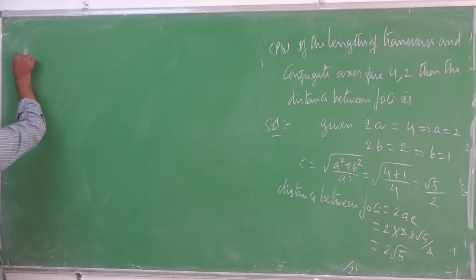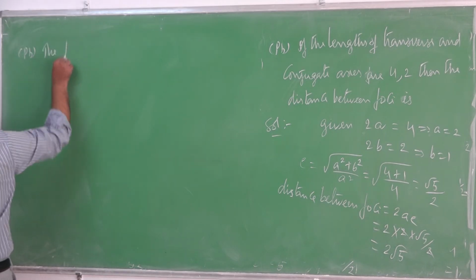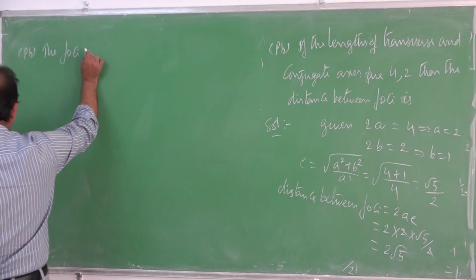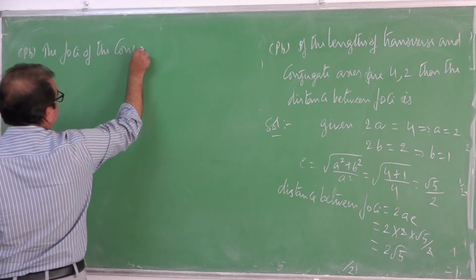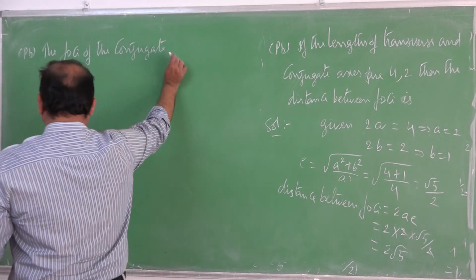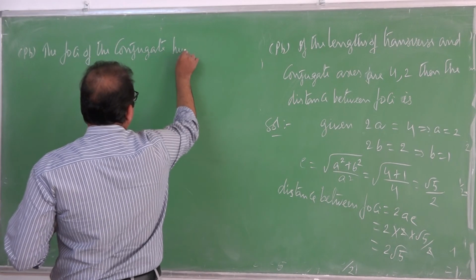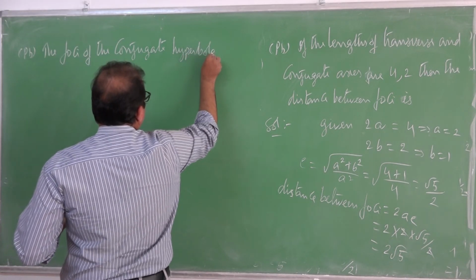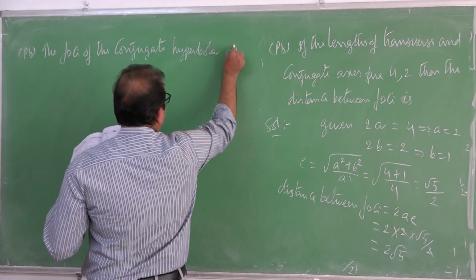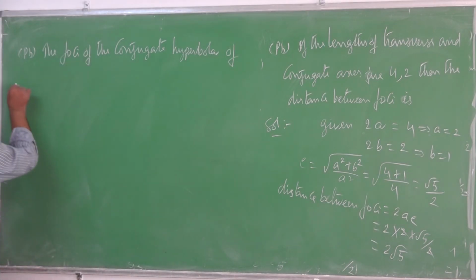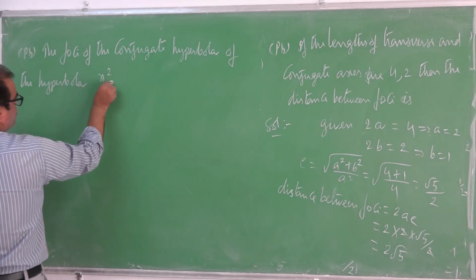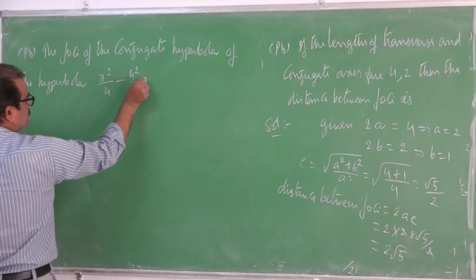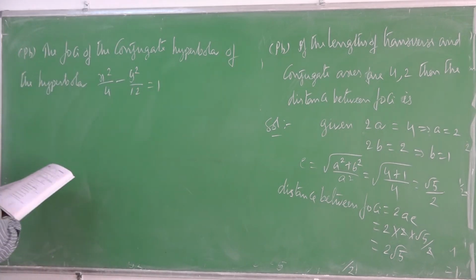Next problem. The foci of the conjugate hyperbola of the hyperbola x square by 4 minus y square by 12 is equal to 1.